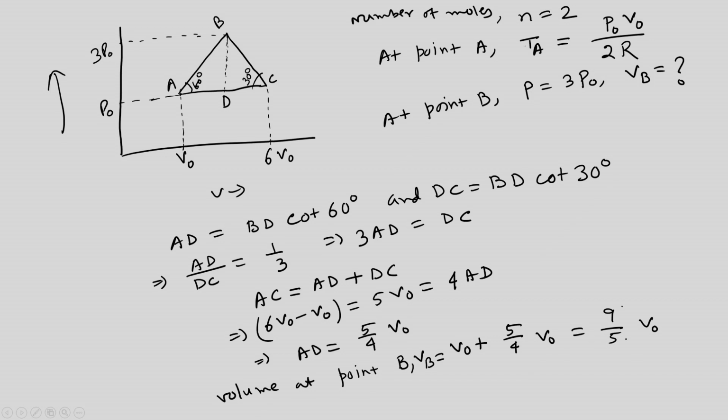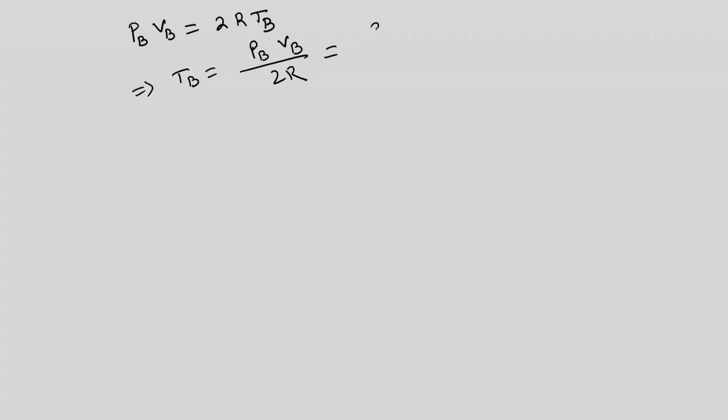So, we know PV is nRT. So, pressure at B times volume at B is 2 times R TB. So, TB is PV by 2R. PB is 3 P naught, VB is 9 by 5 times V naught by 2R.